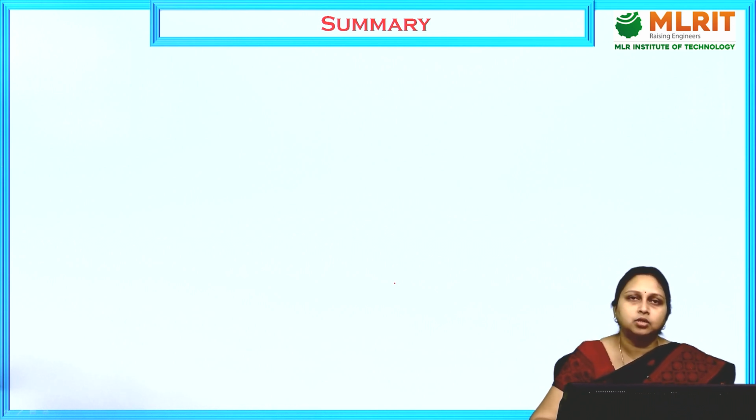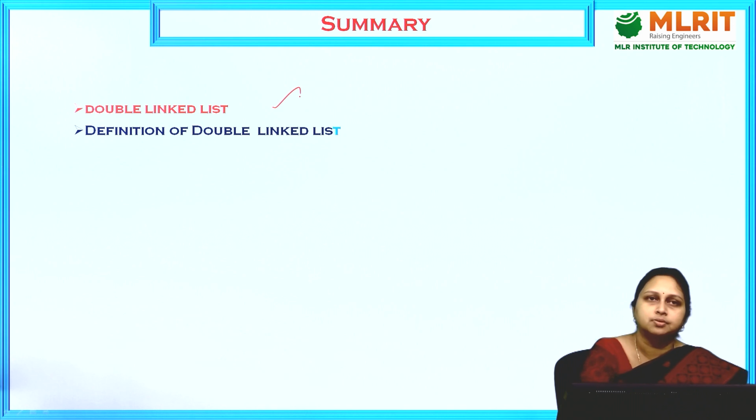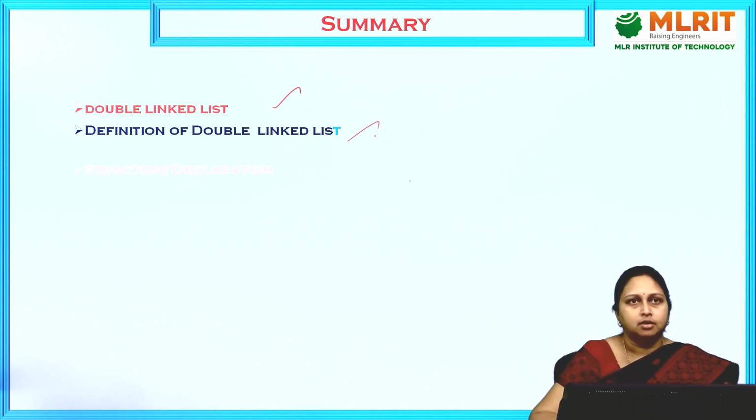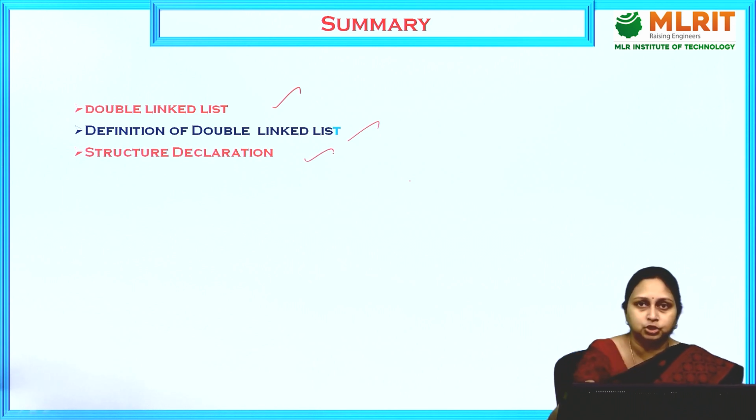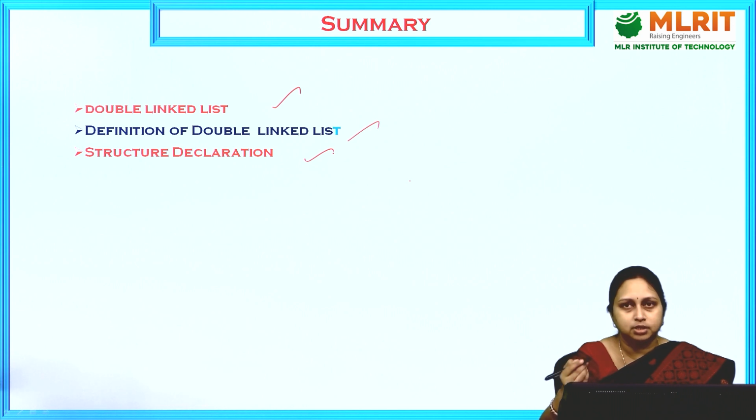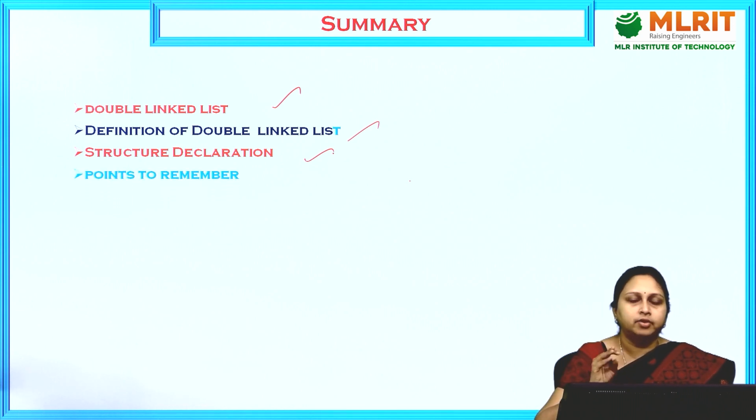Let us see the summary of this session. We have discussed what a double linked list is and its definition. We have seen how to declare the node structure for a double linked list. Then we discussed what points to remember when representing a double linked list.